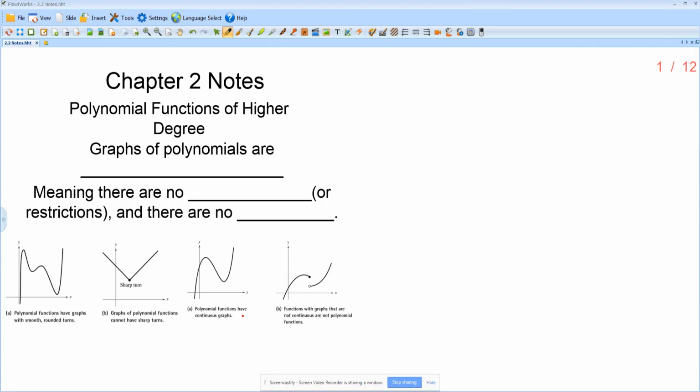power. So graphs of polynomials, just in general, what that means is that they have to be continuous and smooth.